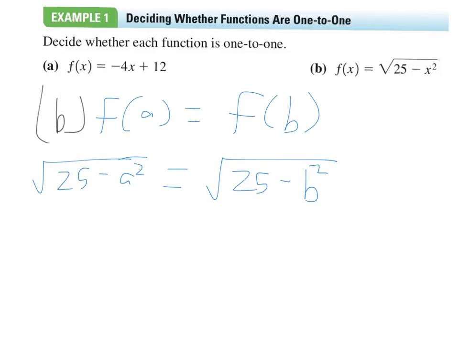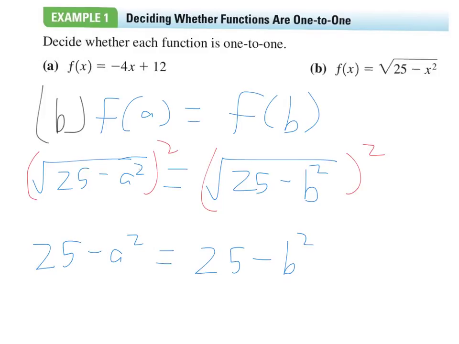Now, to undo a square root, you have to square it. So let's square both sides to keep the equation equal. That would give us 25 minus a squared is equal to 25 minus b squared.